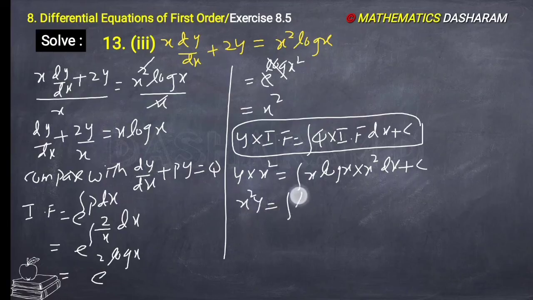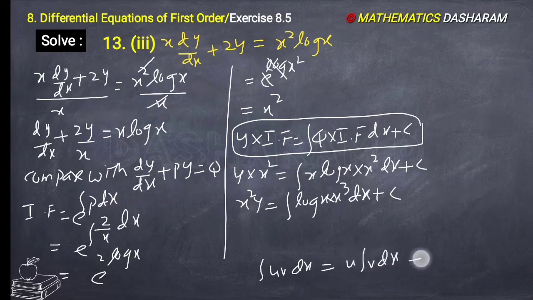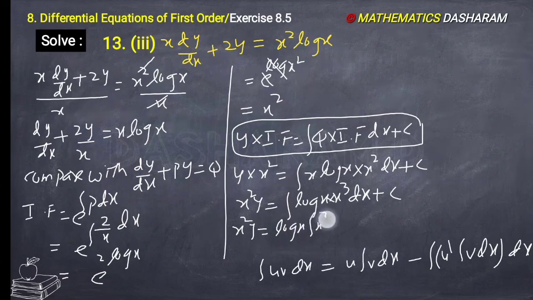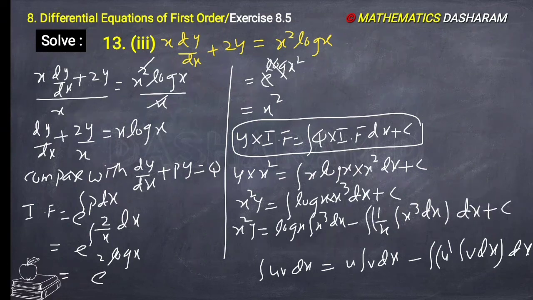So x square into y equals integration log x into x cube dx plus c. Now here integration u into v dx formula, so that is u into integration v dx minus integration of u dash into integration v dx, whole dx. So here x square into y equals log x integration x cube dx minus integration, the derivative of log x is 1 by x, into integration x cube dx, and here whole dx plus c.